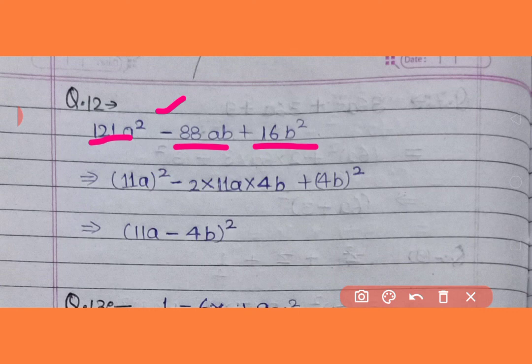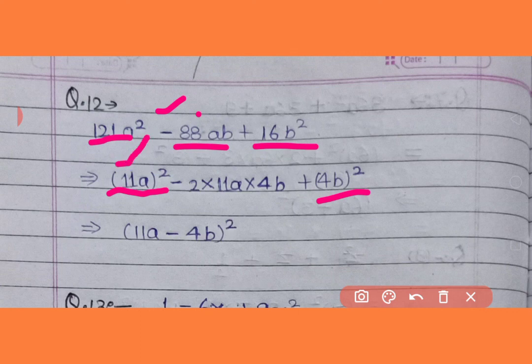Here 121a square and plus 16b square are perfect squares, because 121 is a square of 11, so it can be written in the form of 11a whole square, and 16b square can be written in the form of 4b whole square, and 88 should be broken into the form of 2ab.